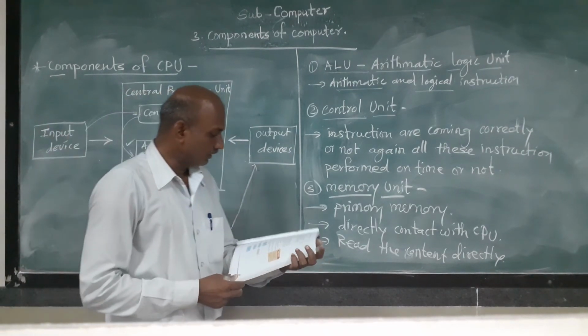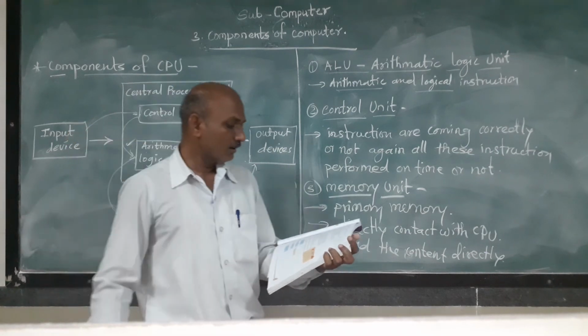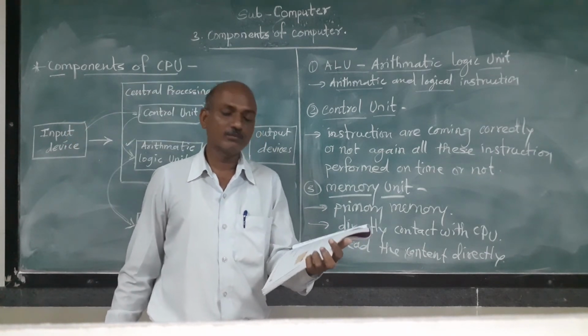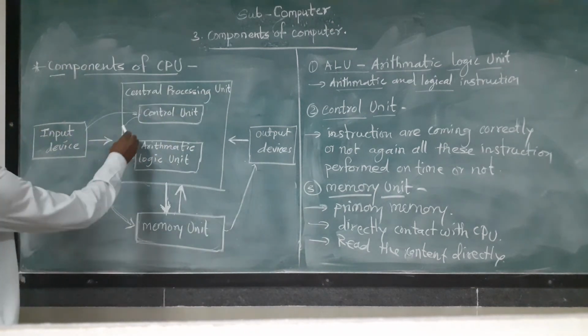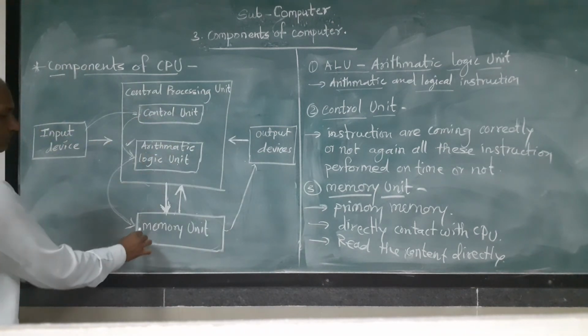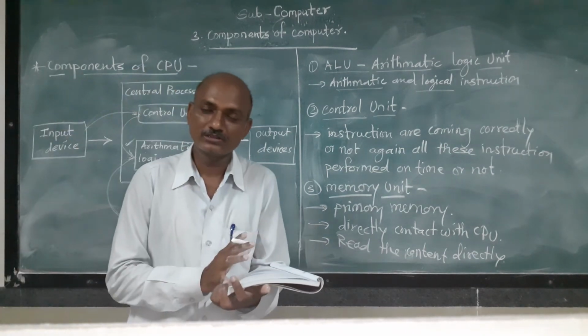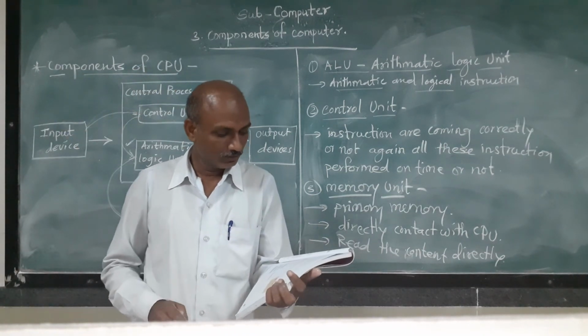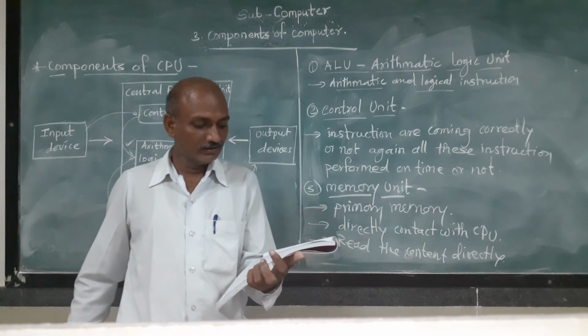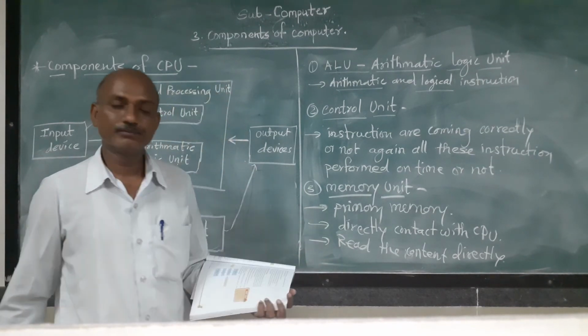This is all about the main memory, and the function of the main memory is that it temporarily holds the data received from the input devices. Whatever data is coming from the control unit and logic unit to the memory unit, it temporarily holds that data. It holds the data being processed and the intermediate results being generated.